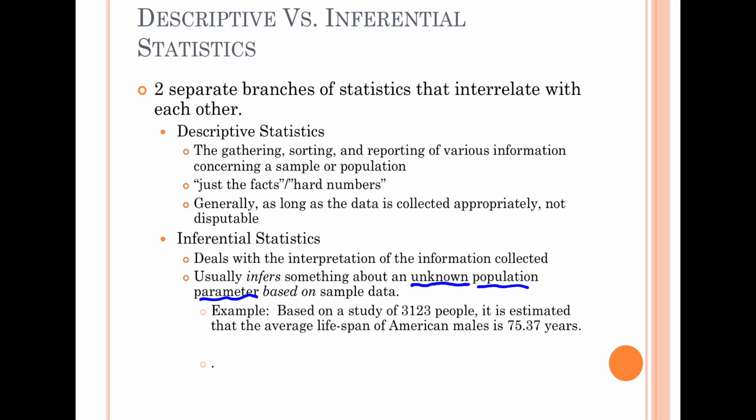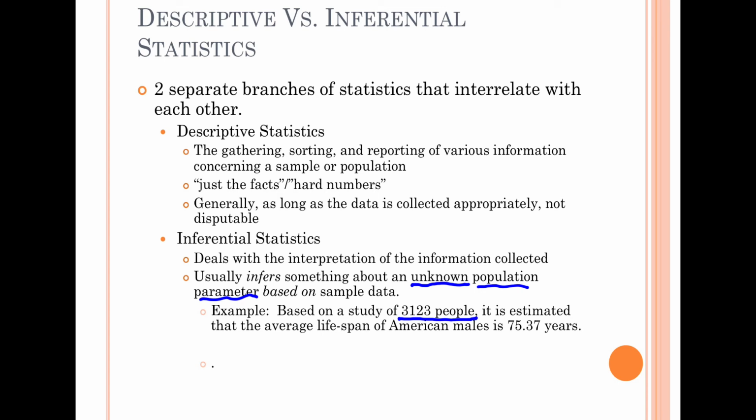For example, based on a study of 3,123 people, it's estimated the average lifespan of American males is 75.37 years. Now, we didn't get into the details about how they came up with this number, but it was based on sample data.